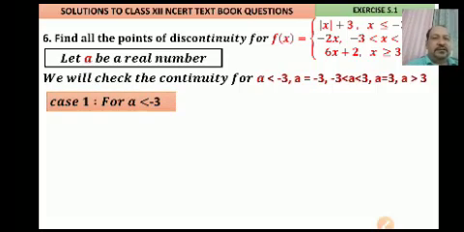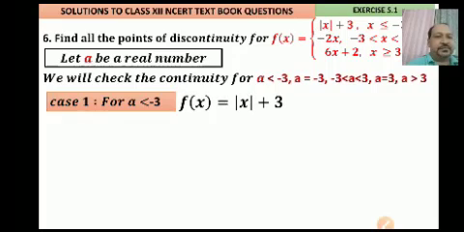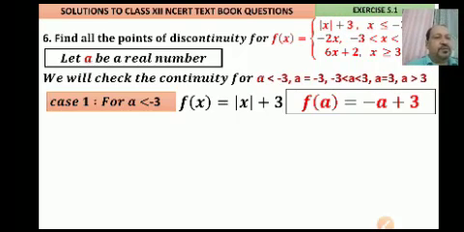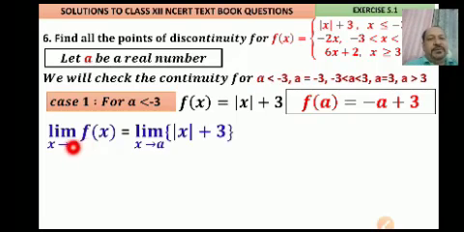So case 1, for a less than minus 3, f of x equal to modulus x plus 3, so f of a equal to minus a plus 3. Now limit x goes to a, f of x equal to limit x goes to a modulus x plus 3, which is also equal to minus a plus 3.